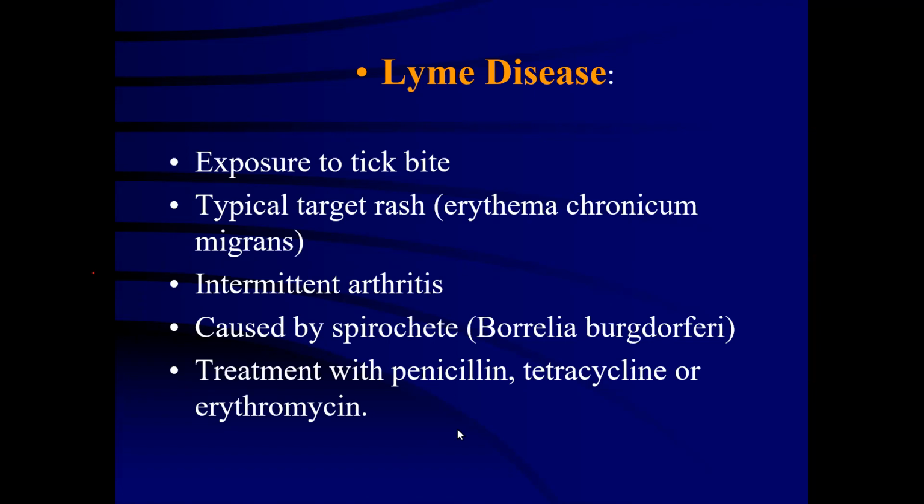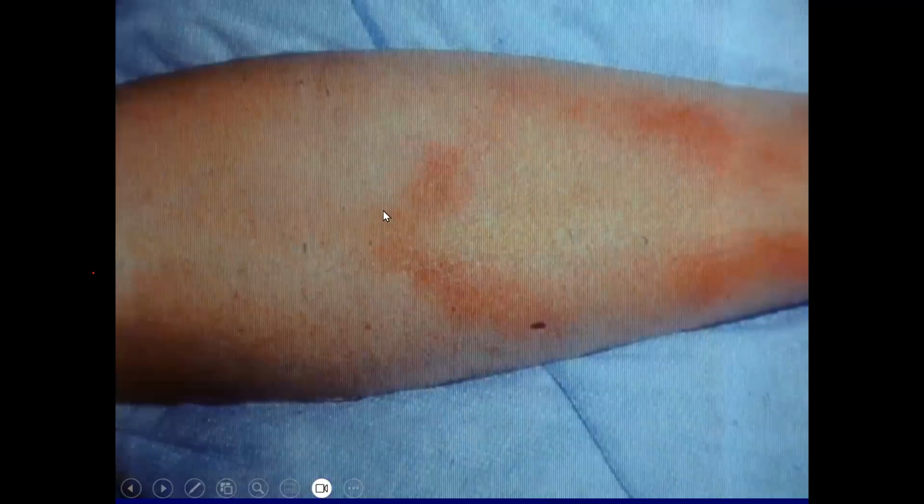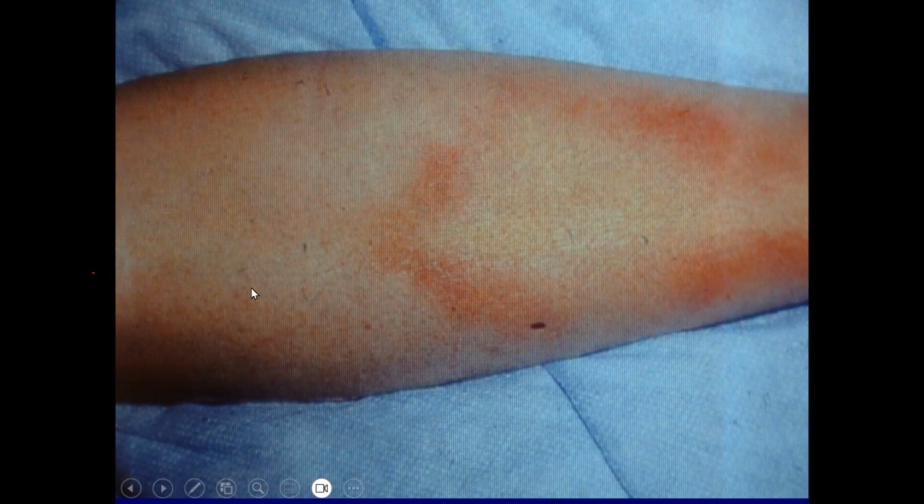So don't forget, this is Lyme. They appear like this, reddish areas around the skin. And there are certain areas in the States where it is common.